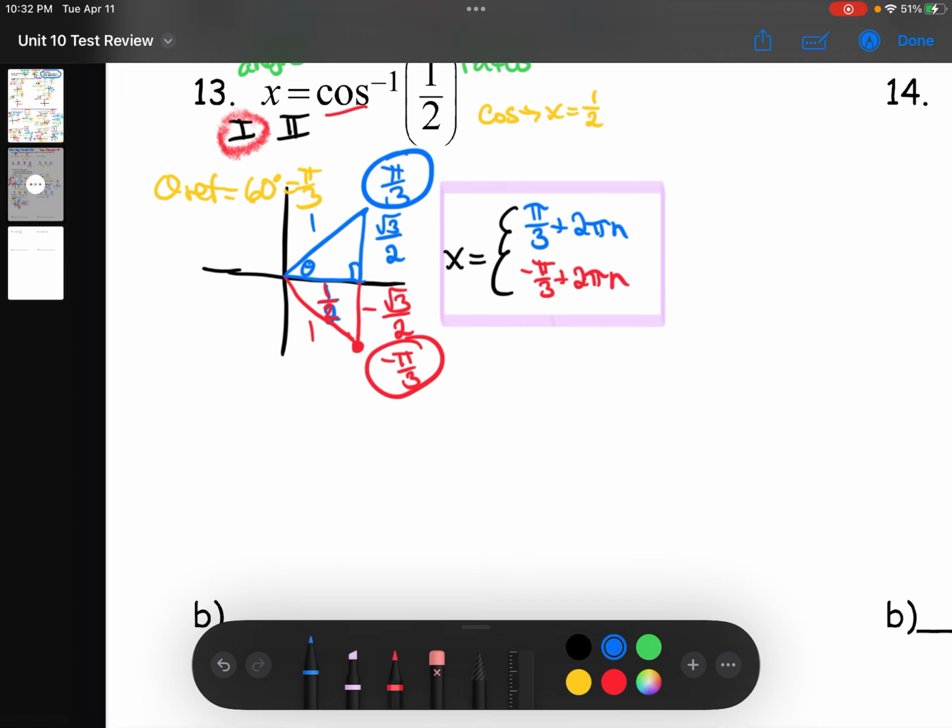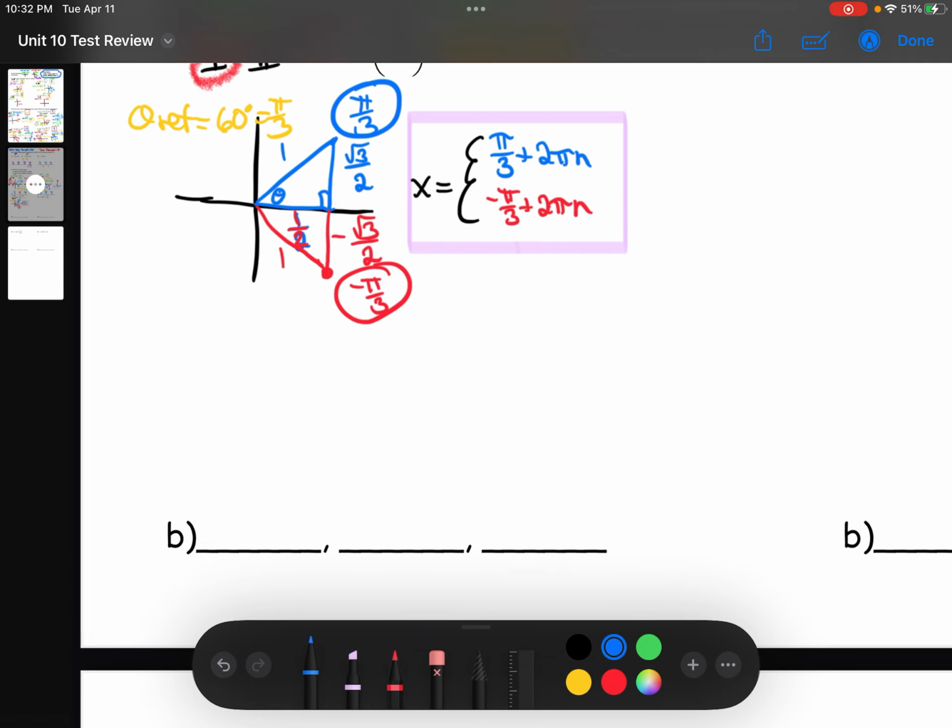If we look at the positive solutions, that first solution is pi over 3. That second solution is equivalent to negative pi over 3, but since that's not a positive solution, we need to add 2 pi, or 6 pi over 3. So that next solution is 5 pi over 3.